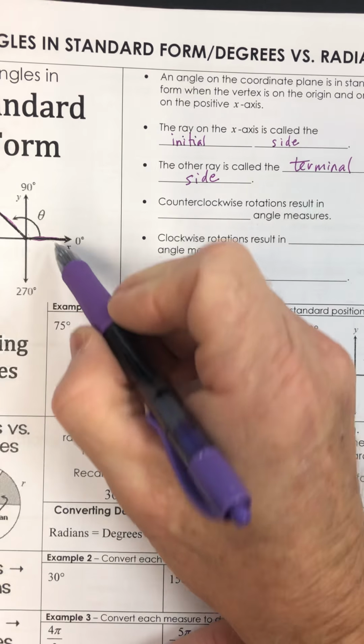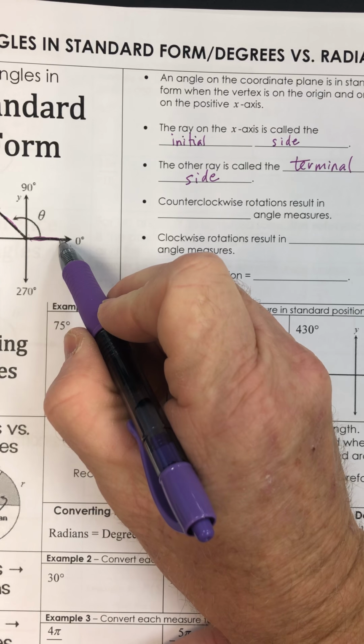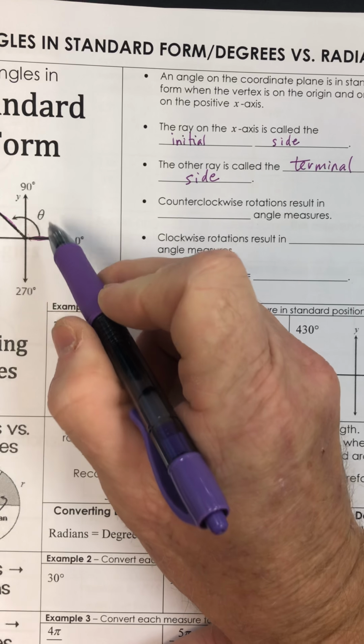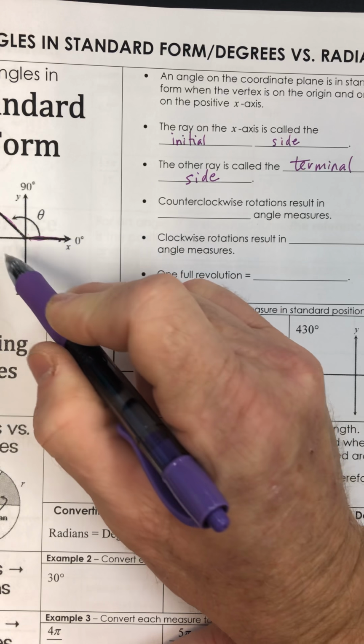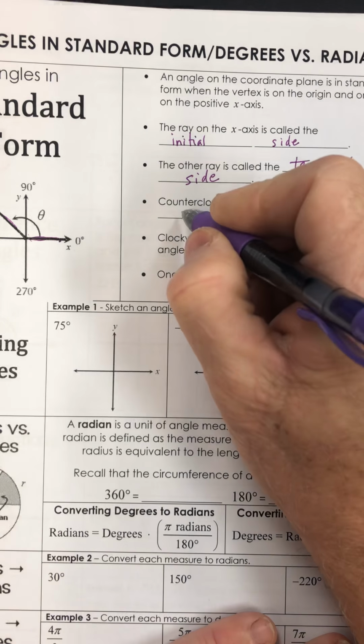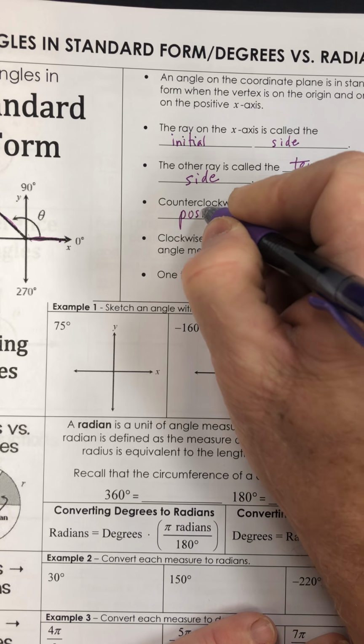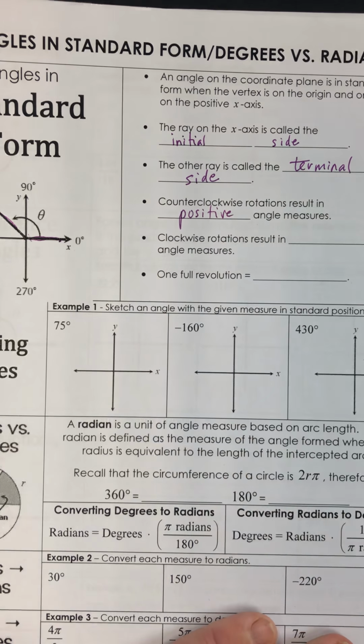So if we start here at the initial side and go counterclockwise, we're going left essentially, we will have positive angle measures.